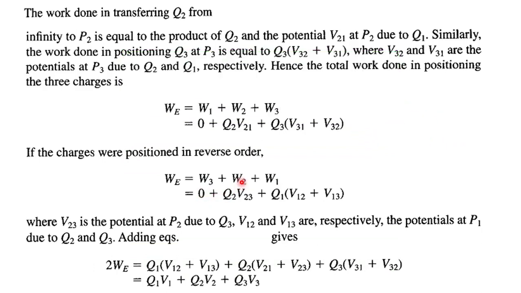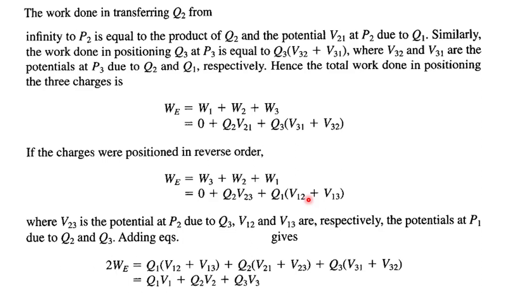Similarly, W2 is Q2 into V23, where V23 is the potential while moving the charge Q2 to position P2, and similarly W1 is equal to Q1 into V12 plus V13, where V12 and V13 are the potentials at P1 due to Q2 and Q3 respectively.